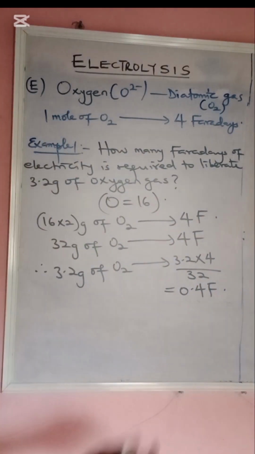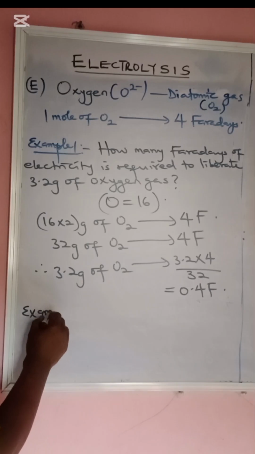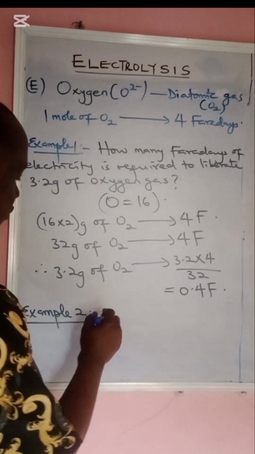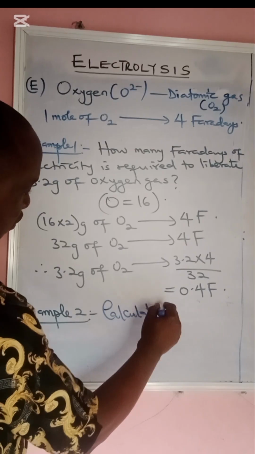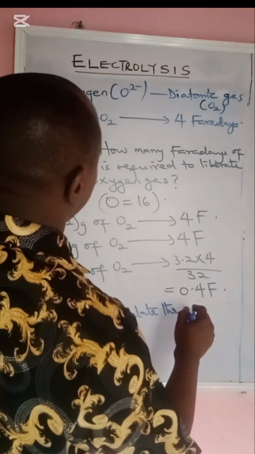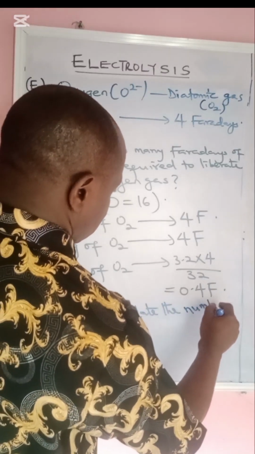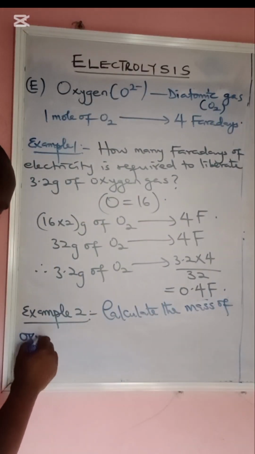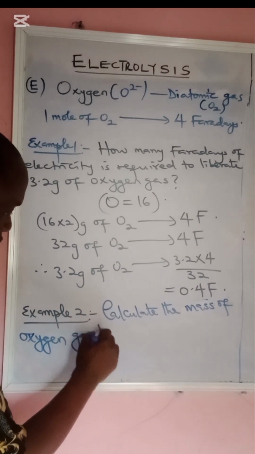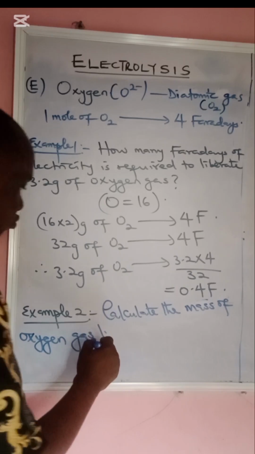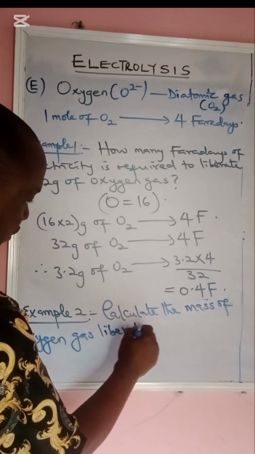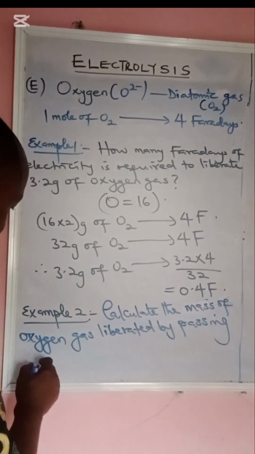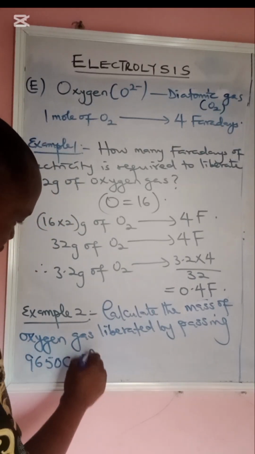Let's see example 2. Calculate the mass of oxygen gas liberated by passing 9650 coulomb of electricity.